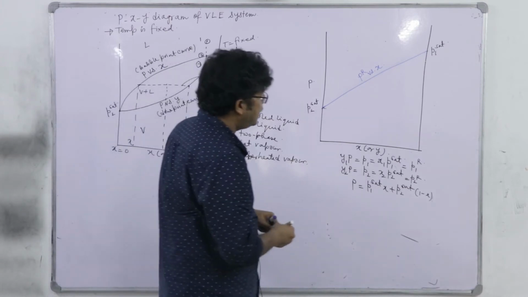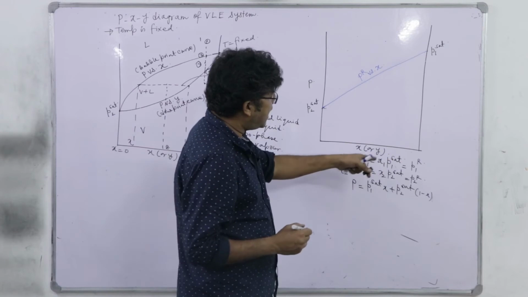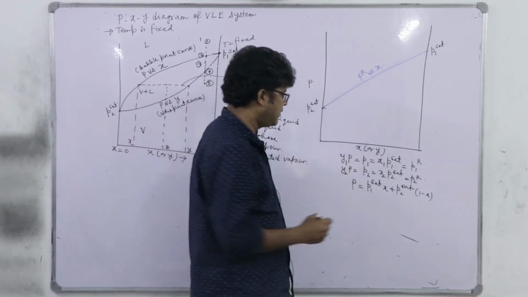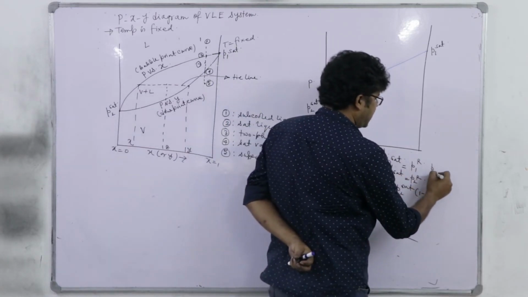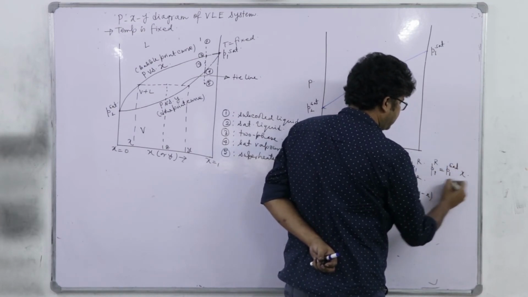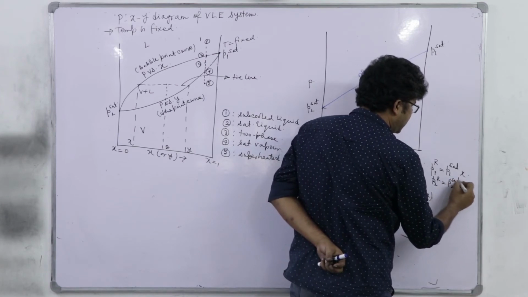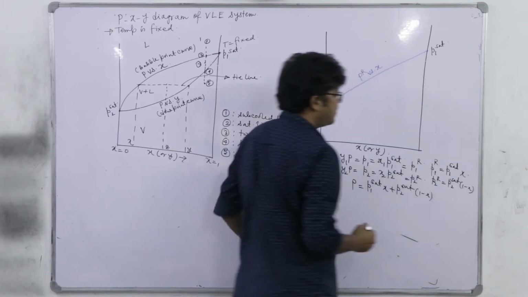Now, you see that P1R has got a linear relation: P1R is equal to P1 sat into x, and P2R is equal to P2 sat into 1 minus x.